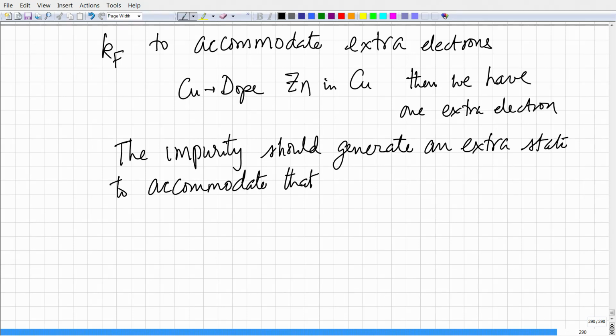That is because you must have the constant Fermi energy, accommodate that below the Fermi level.